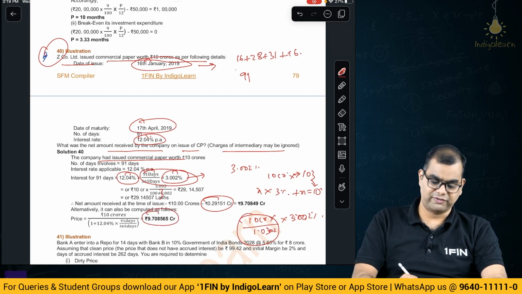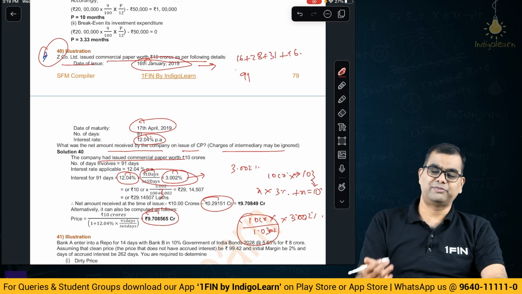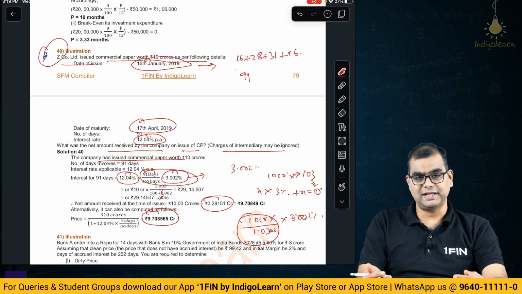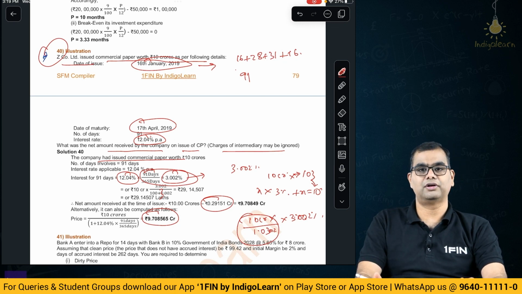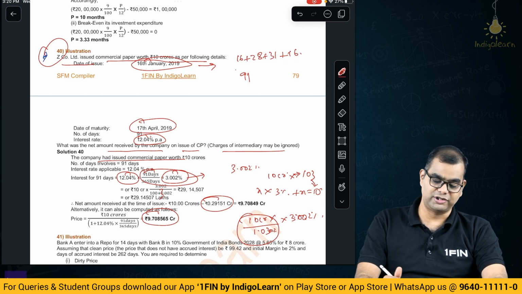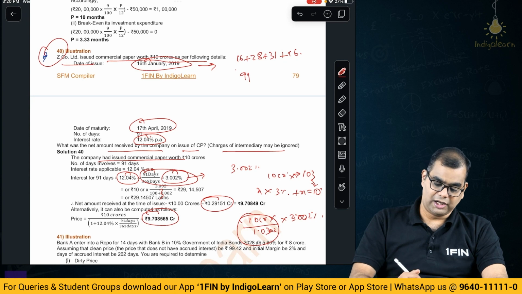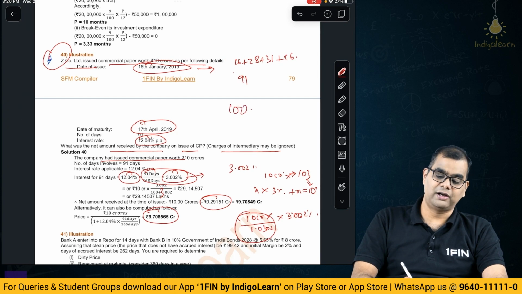Okay. So, the easiest way is, the CP that you are getting is after subtracting the interest value, and the interest rate is 12.04. So, what you are paying out, 100, is equivalent to 103. Okay, is equivalent to 103.